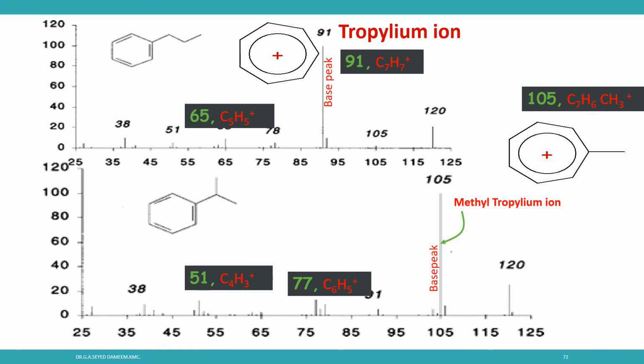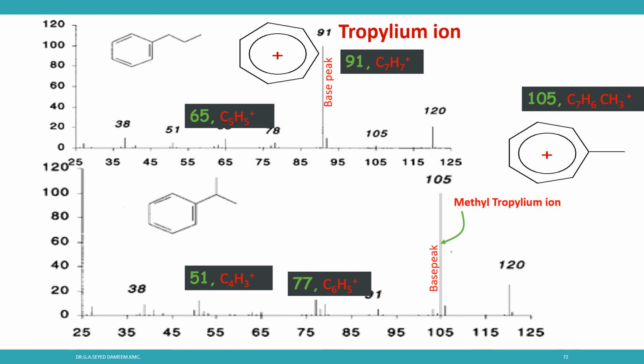This slide shows the mass spectrum of propylbenzene and isopropylbenzene. Both have the same molecular weight, so the peak at m/z 120 is the molecular ion peak. In the case of propylbenzene, by the loss of an ethyl free radical, it gives an ion with the formula C7H7+.